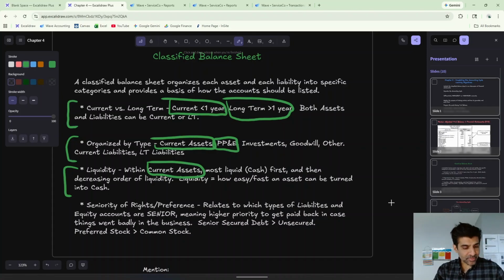And then the other one is seniority. It relates to your liabilities and equity. Seniority has to do with if things go bad, who's going to get paid first. So is it good to be more senior or less senior? What do you think?